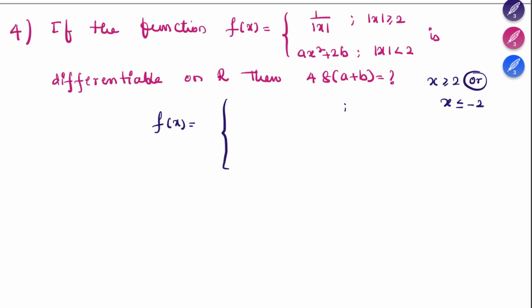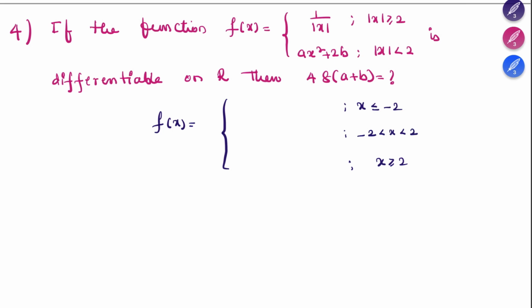So I will divide this function into two cases. x less than or equal to minus 2, one case I will take. x greater than or equal to 2, the other case. And one more case is there, mod x less than 2. Mod x less than 2 means minus 2 is less than x is less than plus 2. Okay, so I'll write this case.